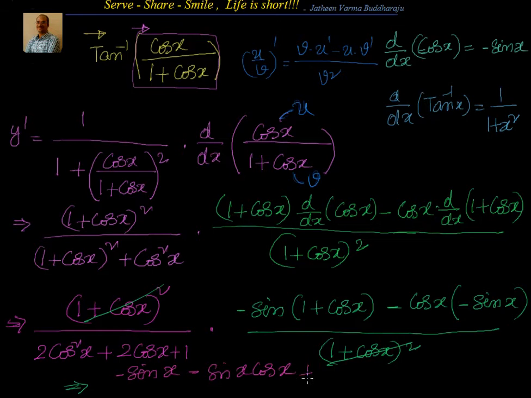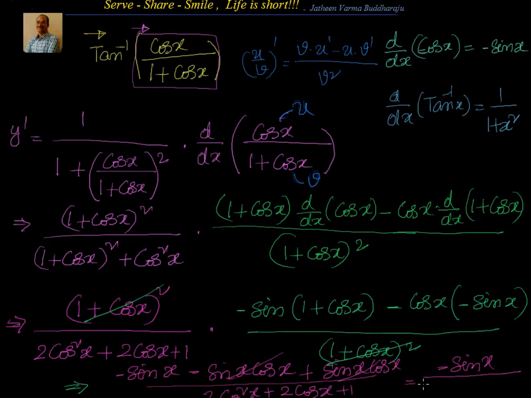Minus of minus is plus, and cos x into sin x is sin x cos x, divided by 2 cos square x plus 2 cos x plus 1, which is equal to minus sin x cos x plus sin x cos x cancels out. I will have minus of sin x divided by 2 cos square x plus 2 cos x plus 1. That's the derivative of that.